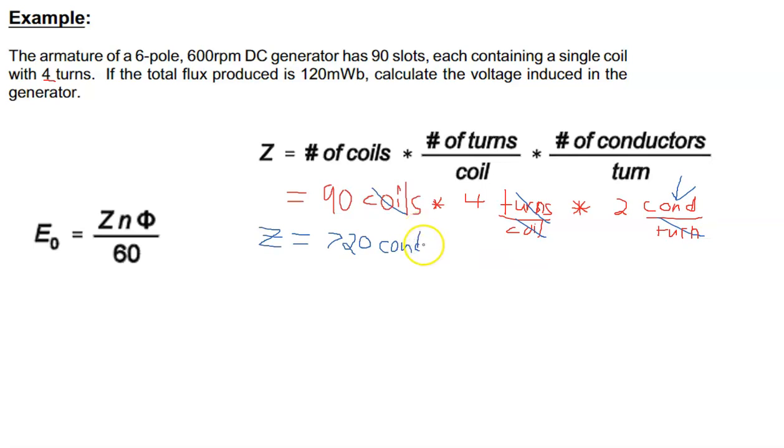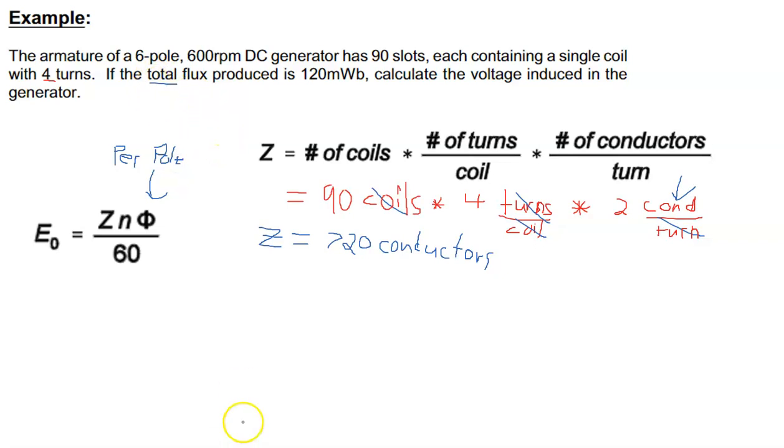Now, N is given, and so we're left with phi. Remember that phi here is per pole. And so it's important to realize that here you've been given total flux.